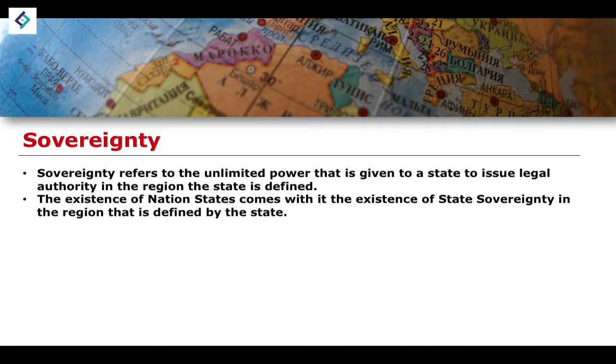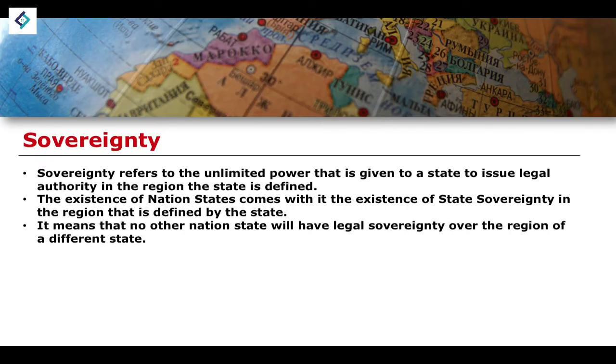The logical consequence of the modern conception of the nation state is this idea of state sovereignty. The idea that there is a certain amount of sovereignty that is enshrined by the government of that state to that region that is in question. It means that no other nation state will have legal sovereignty over the region of a different state. So, for example, the UK government does not have any legal power to enforce laws in France.